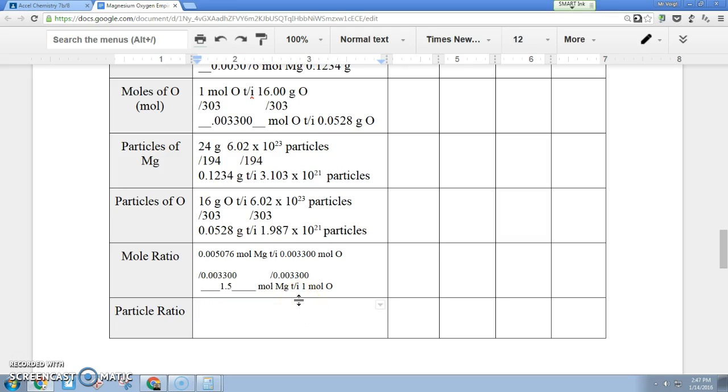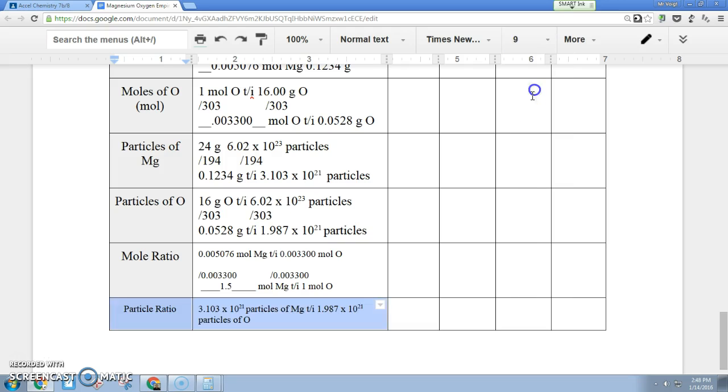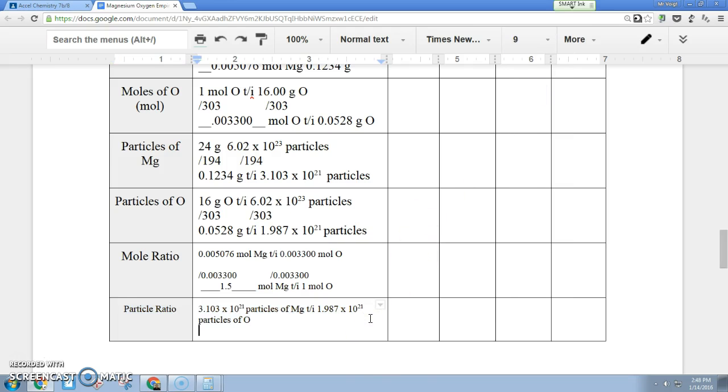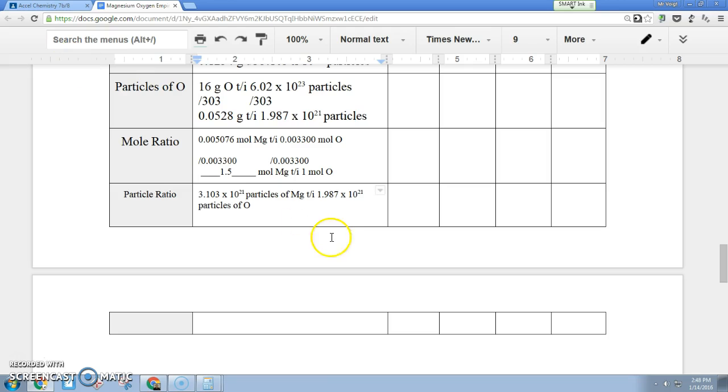Now, I'm going to try to get this last one done before I run out of time. I've got 3.103 times 10 to the 21st particles of magnesium. There is 1.987 times 10 to the 21st particles of O. Make this a little smaller. I want to make them both be 1.